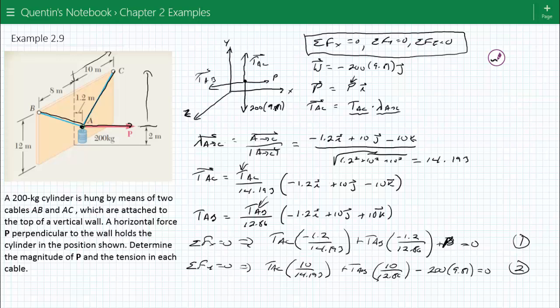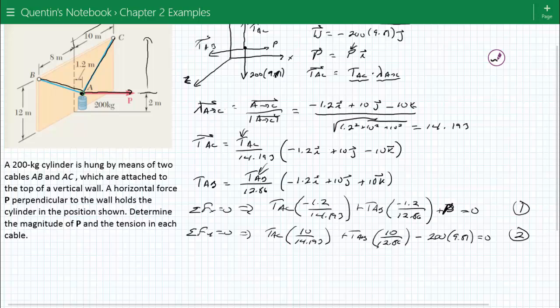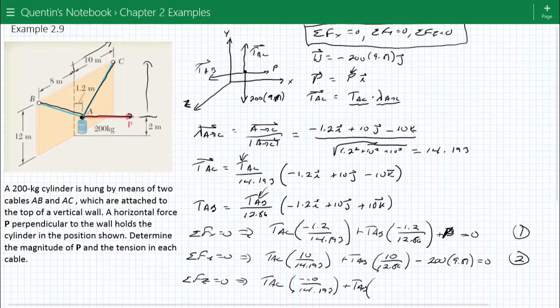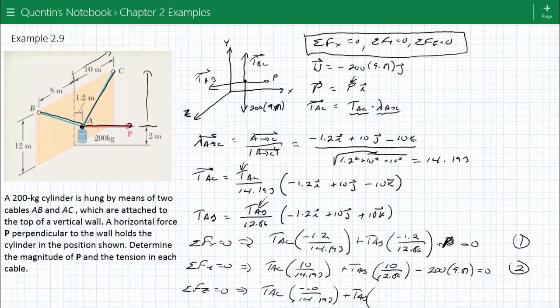So that's equation 2. And then lastly, the sum of the forces in Z equals 0 is going to give us TAC times minus 10 over 14.193 plus TAB times plus, I put down 10. It's not 10, it's 8. Oh, I'm so sorry about that. This needs to be a big fat 8 and not 10.